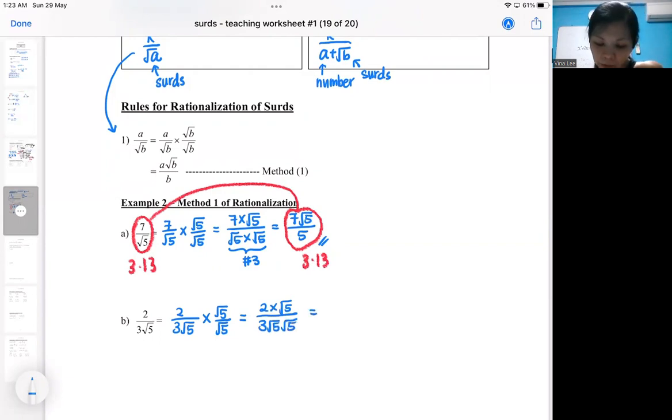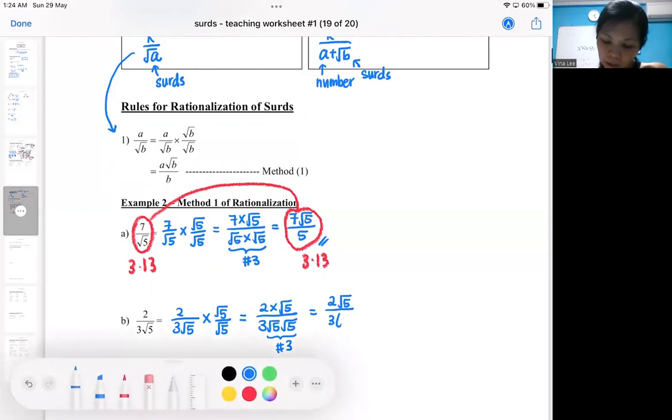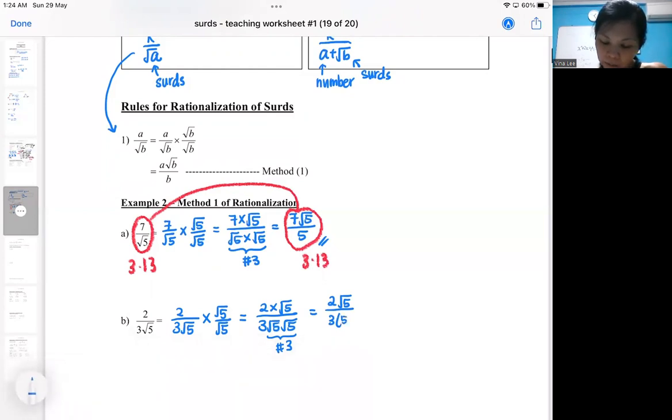So when you do the bottom times bottom, you will surely hit your same surds multiplication. So you will get a 2 root 5 on top, and in the denominator, you get a 3 times 5, which you get a 15.